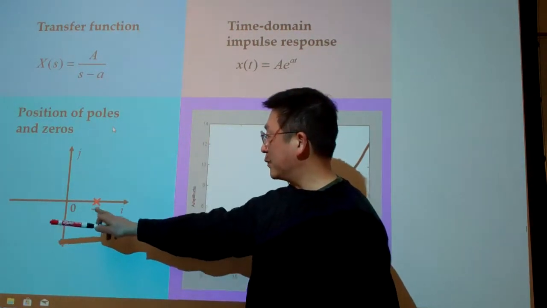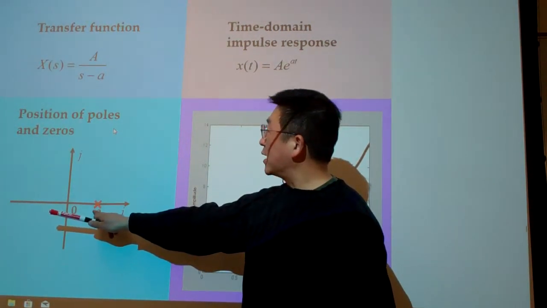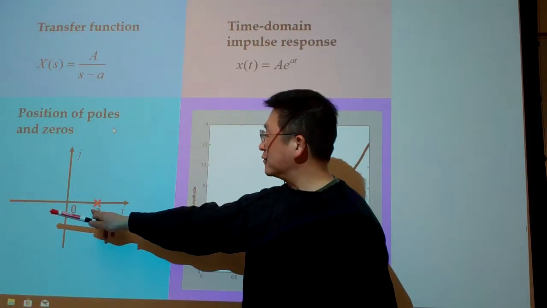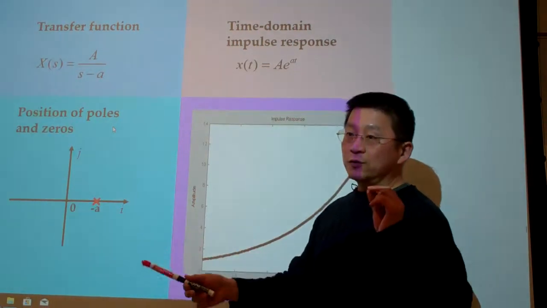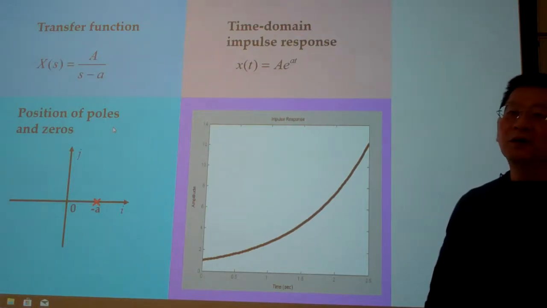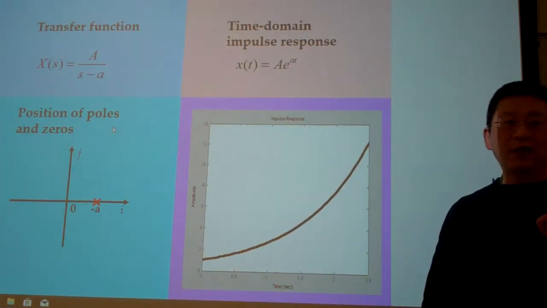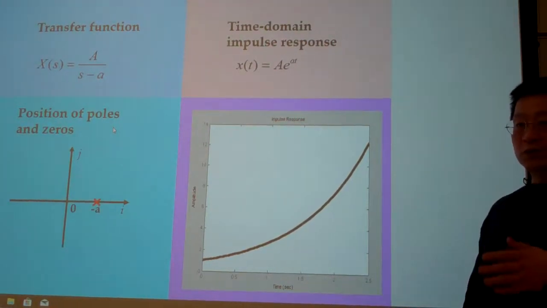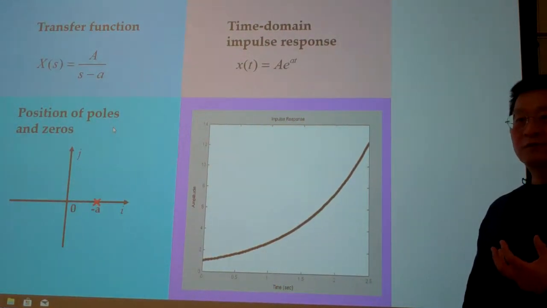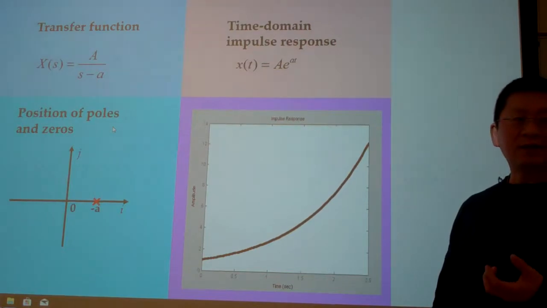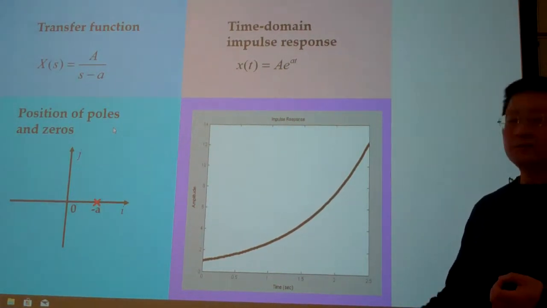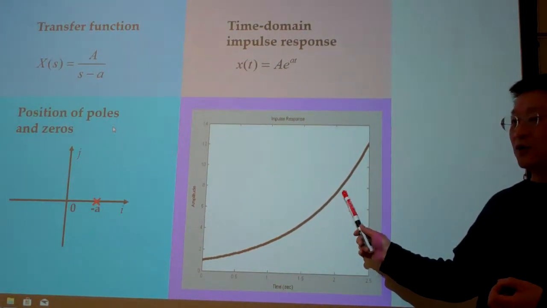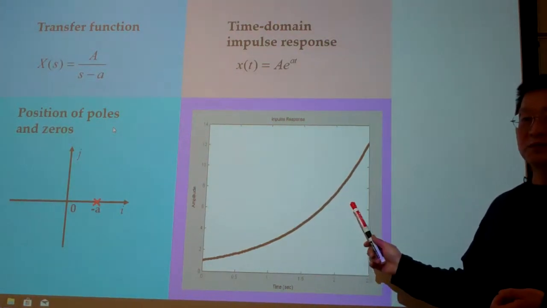Sorry, there is a typo here. That means, for example, if a is positive, then we have a positive real part. Any system that has a positive real part always has an exponentially growing response. That is undesired. This kind of response is always undesired in control systems.